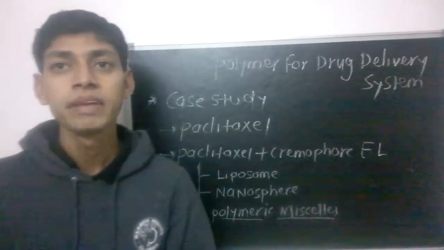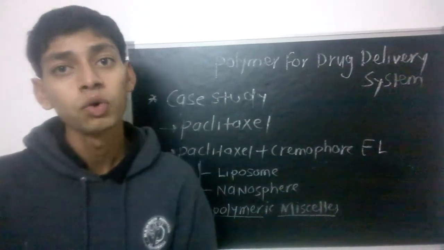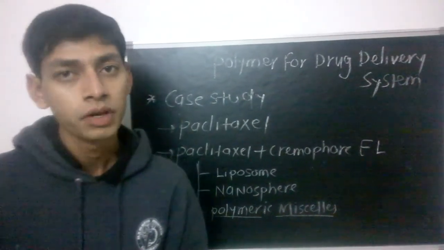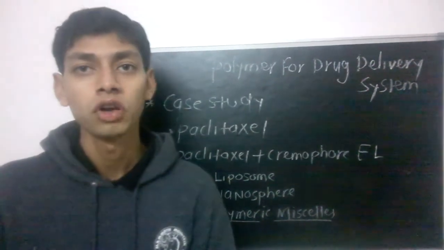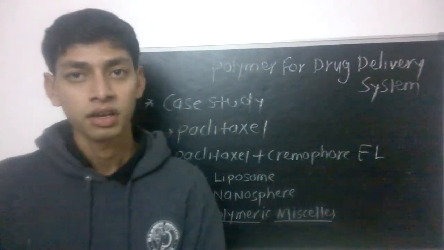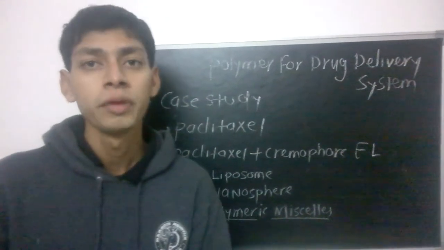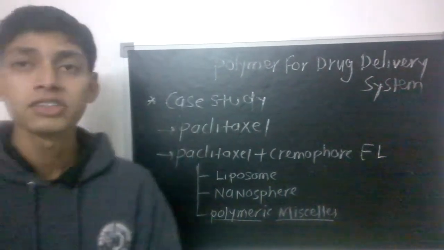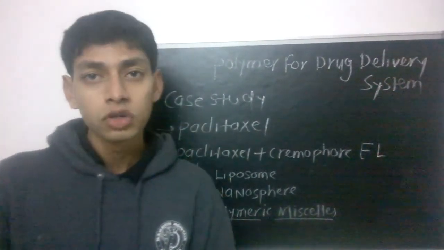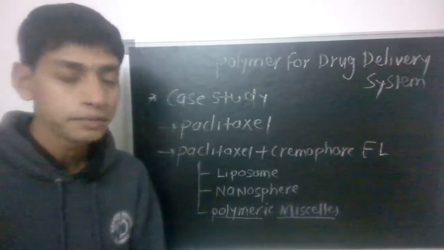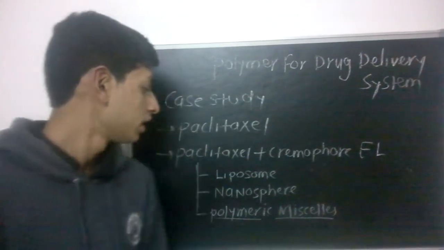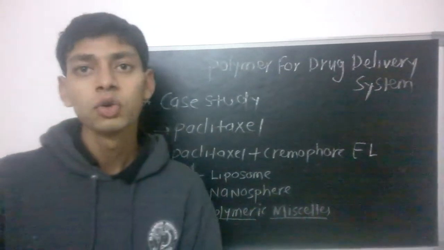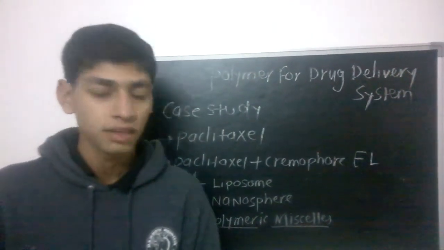It was a big challenge in front of scientists how to reduce this kind of toxicity, because they achieved their goal to enhance the solubility, but the side toxicity increased. That's why scientists were trying to develop a dosage form in such a way that they would succeed in reducing the toxicity of paclitaxel.